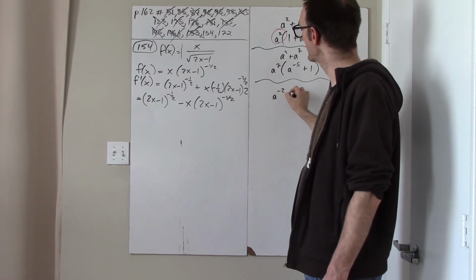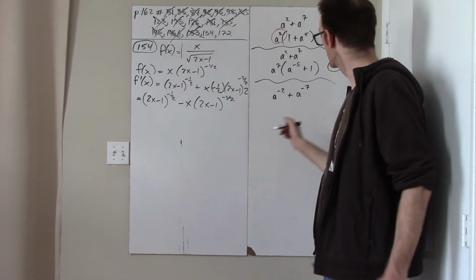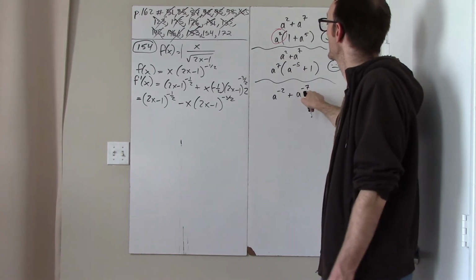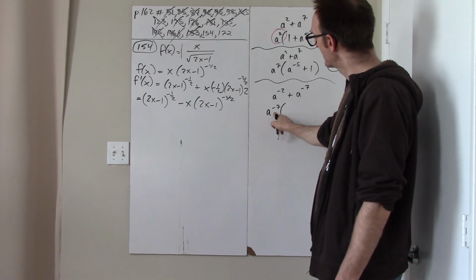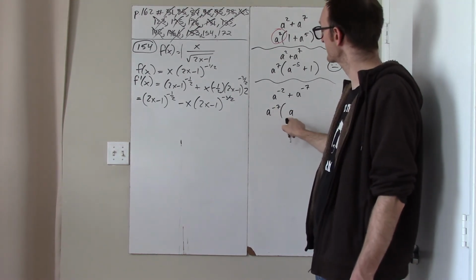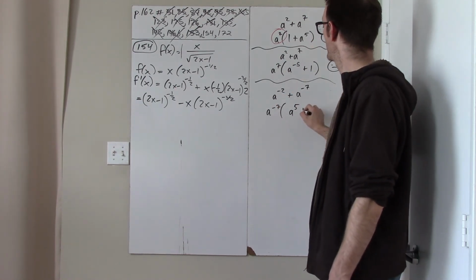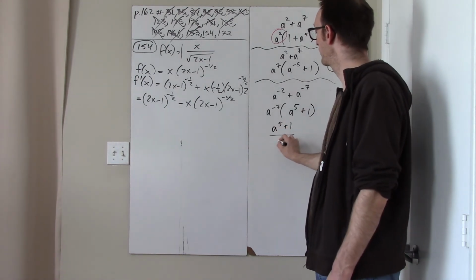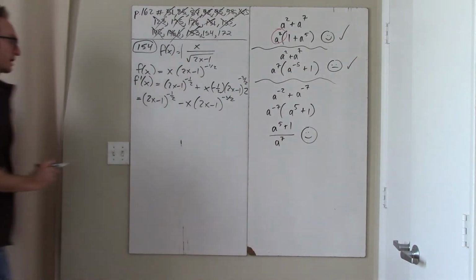So if I give you a to the negative 2 plus a to the negative 7, and I want to factor this, the simplest thing is to still factor out the one of the lower power. Negative 7 is less than negative 2, so if I factor out a to the negative 7, I'm left with a to the negative 7 times (a to the 5th, by exponent rules, plus 1). And thus this is a to the 5th plus 1 over a to the 7th. And that's nice, because the negative exponents are all gone.